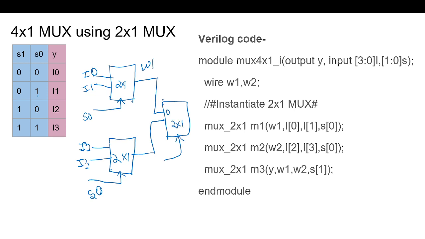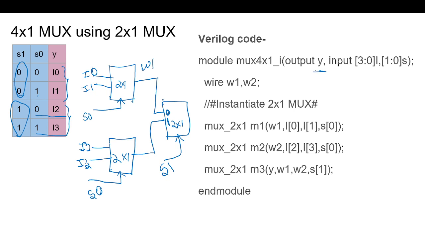So when it is 0, I'm selecting between I0 and I1, and this output will come. And when S1 is 1, I have to choose between I2 and I3. This multiplexer will be selected, and based on S0, I can either get I2 or I3.